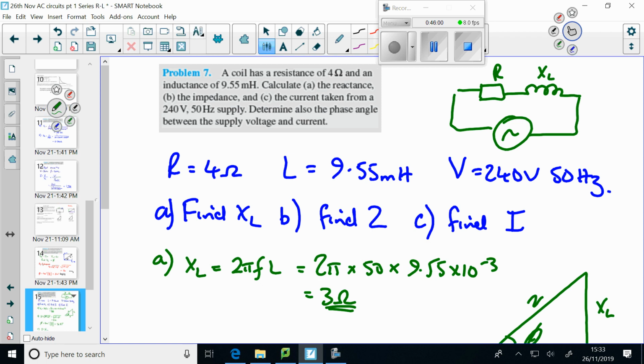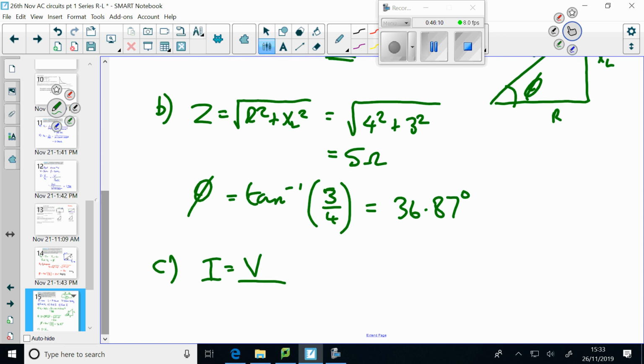Z is the overall impedance of that circuit, the overall opposition to current flow. So let's do V over Z. The magnitude of the current is 240 over 5 equals 48 amps.